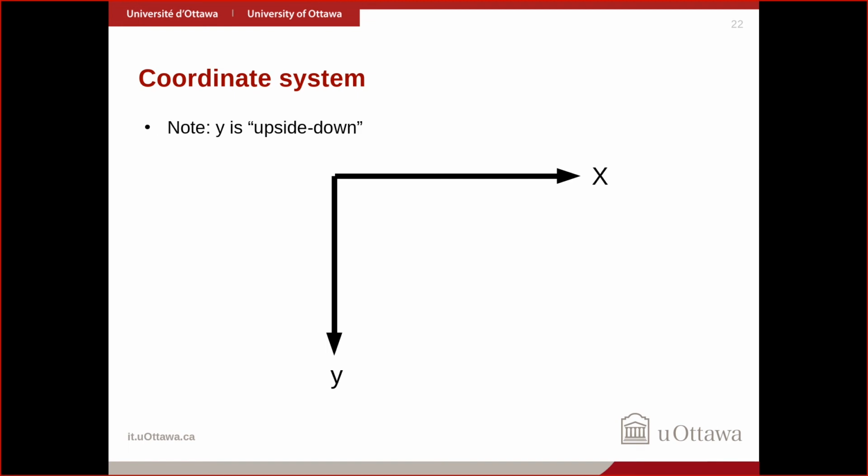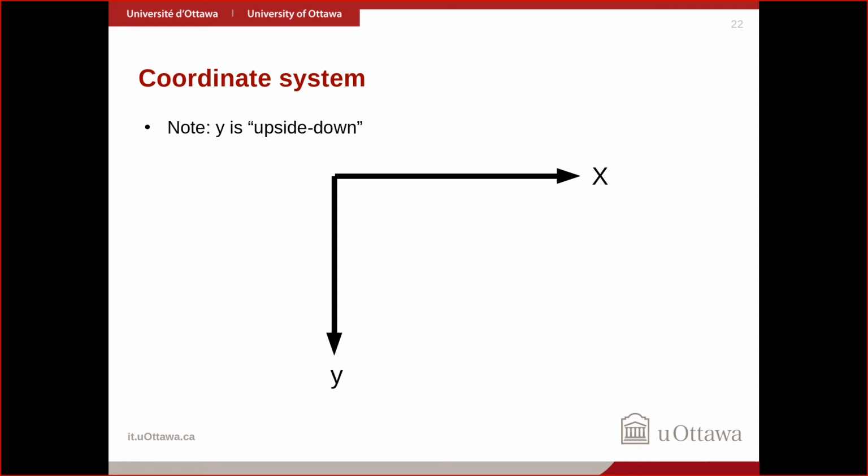So then I should say something about the coordinate system. It is, well, upside down. So when you specify x coordinates in your SVG, that goes as you expected from left to right. But the y coordinates go from top to bottom. So a y coordinate of 0 means the top of your screen, and a larger y coordinate means you go down further.